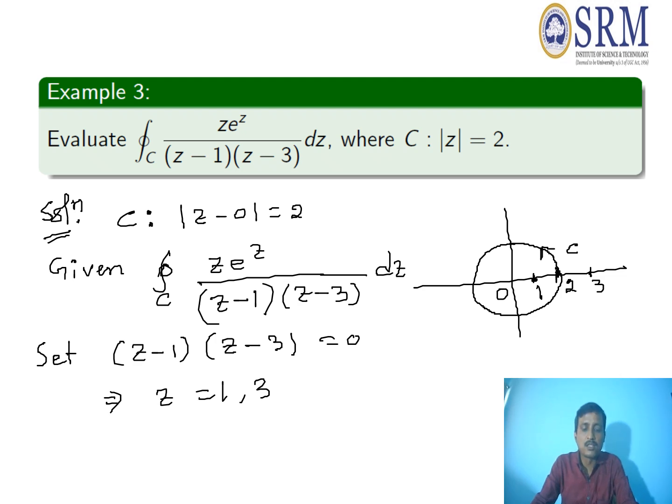So which point is lying outside C? For that one, that factor you have to consider in the numerator. Okay. So what are you getting from here?